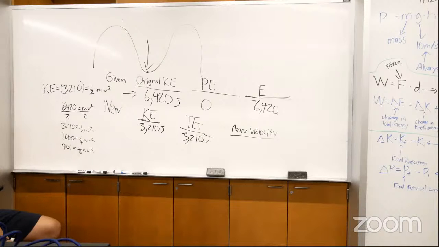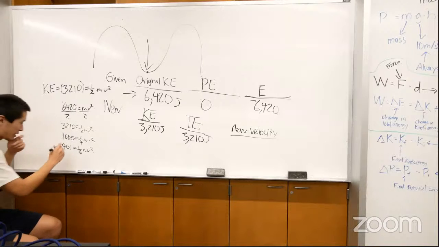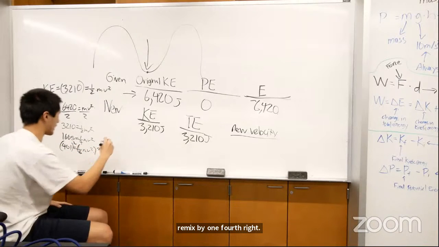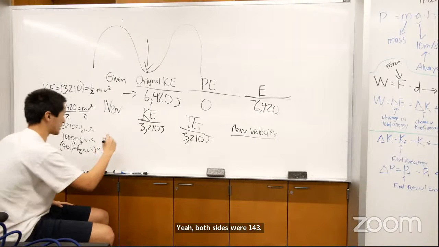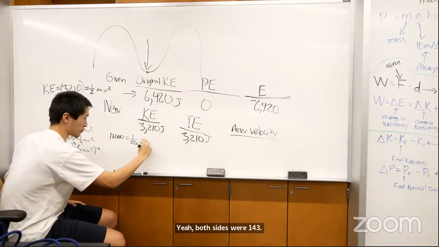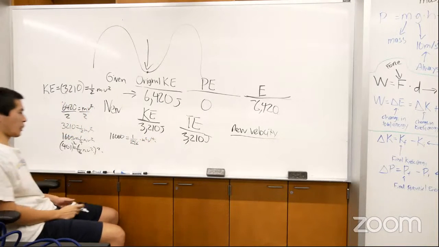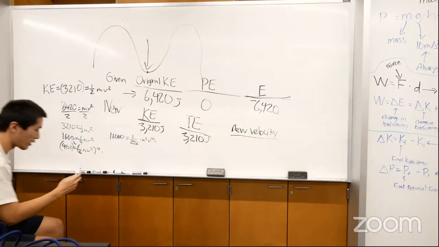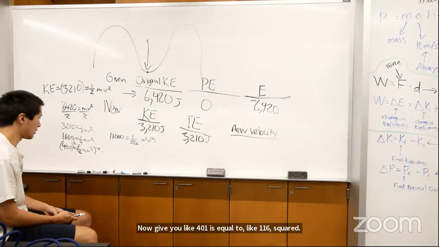Now I would square it. Now you would square it. Okay. So now we get like 16,000 is equal to 1/256 times m squared v to the 4th. I think you added a 0.